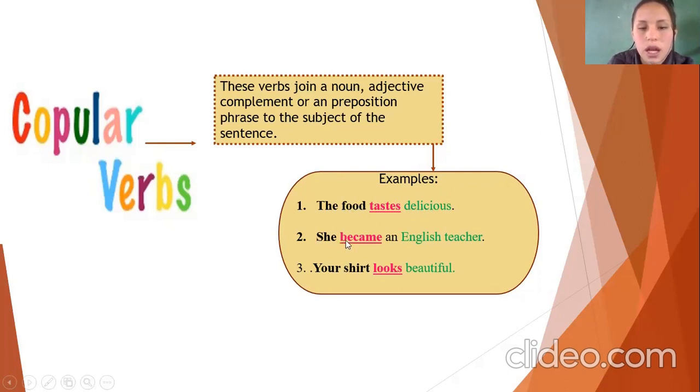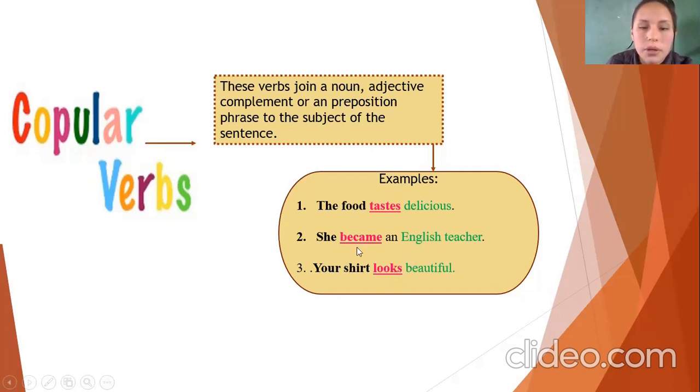The second example is she became an English teacher. In the same way, we have a subject and a copular verb followed by a noun phrase that modifies the subject. The last example is your shirt looks beautiful.